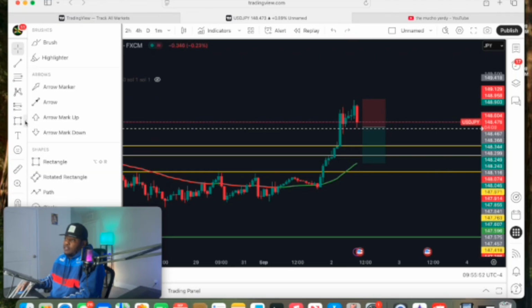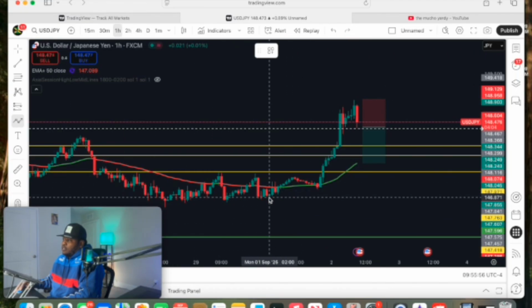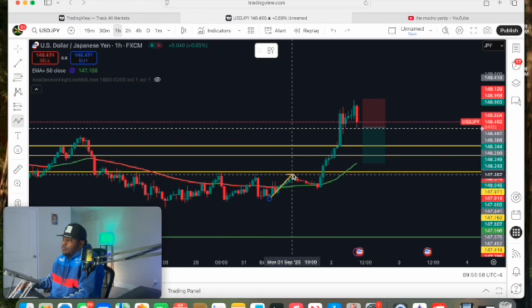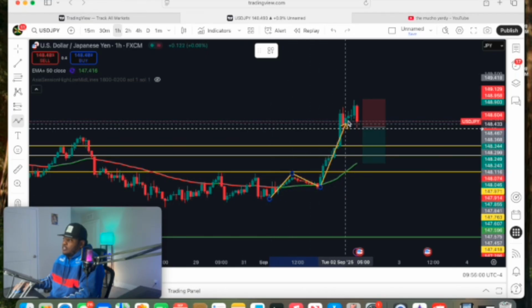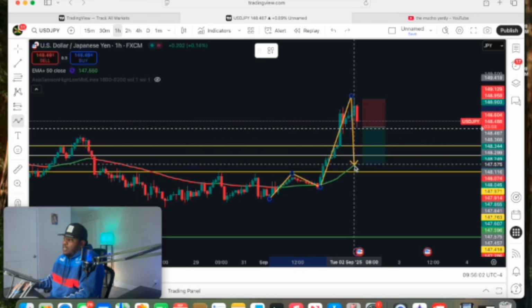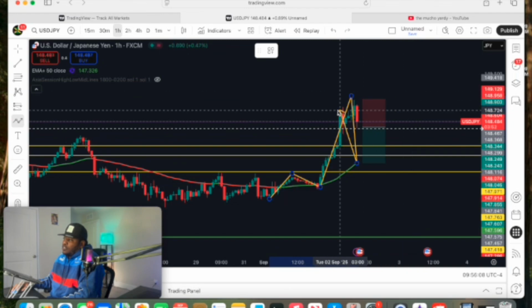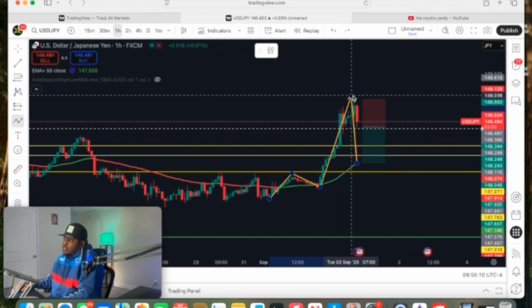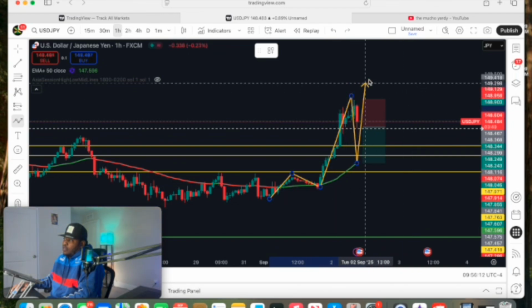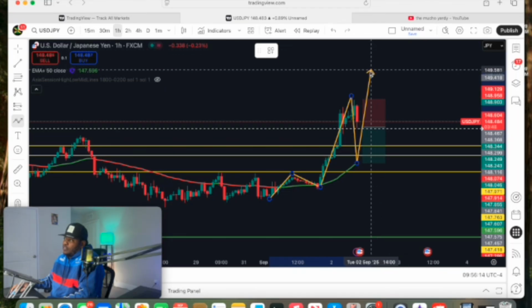Let me see if I can draw the path. So this is the low, this is the high, this is the low, this is the high, for it to come create another low at the moving average to give us another high that's above this one. It can be right above it, it can be way above it.